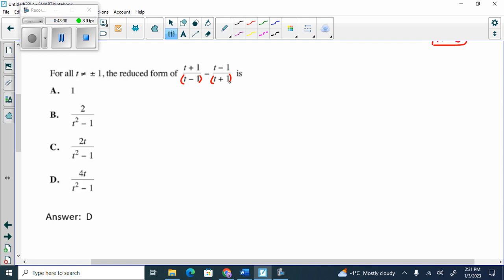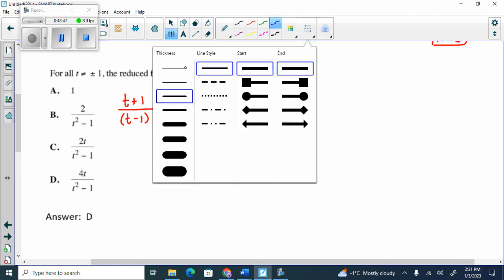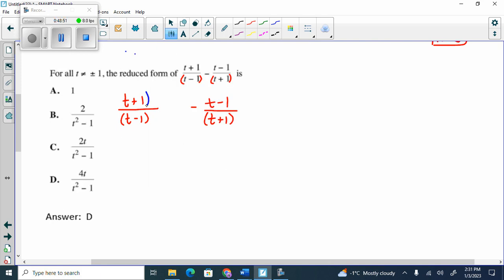So we're going to go t plus 1 over t minus 1 minus t minus 1 over t plus 1. So I have to multiply them by each other to get a common denominator, or I can't subtract. So I'm going to multiply this one by t plus 1. So my denominator is t minus 1, t plus 1. And I'm going to multiply this one by t minus 1.